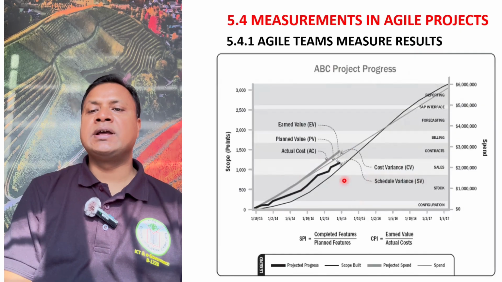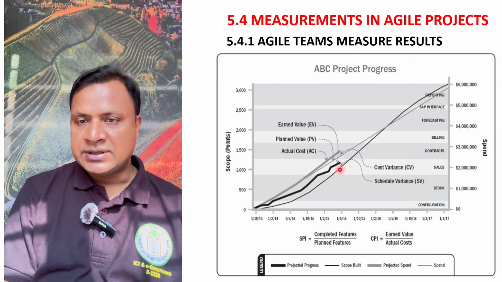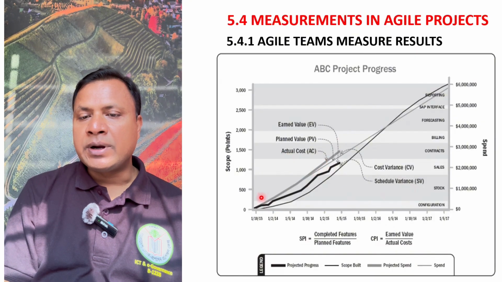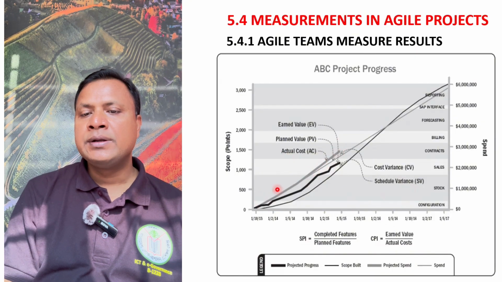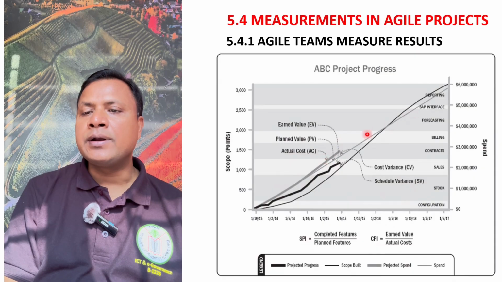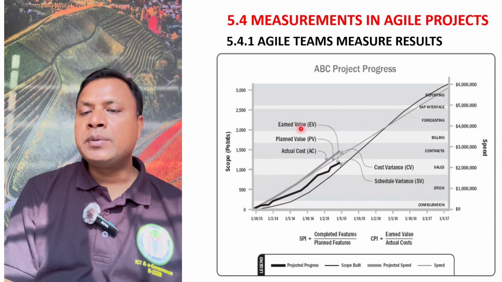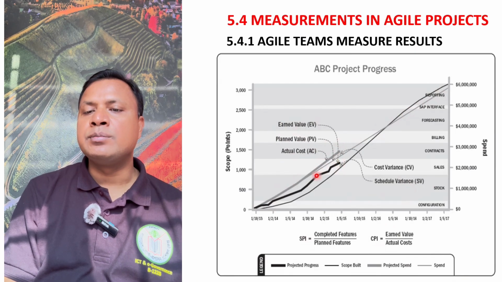Another chart shows the cost variance and schedule variance, and we can measure SPI and CPI from here. In this slide, the fat line is the actual cost you have spent, and the thin line is called planned value. We planned for this one. And earned value, we actually earned up to this black one.